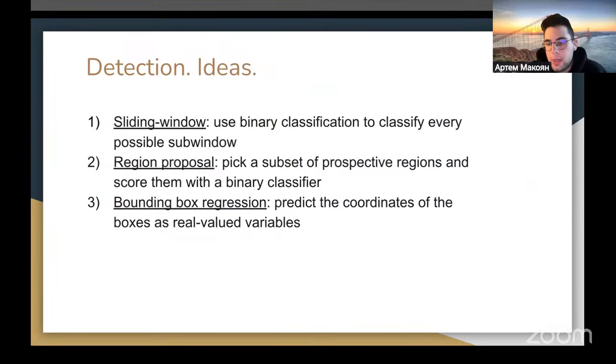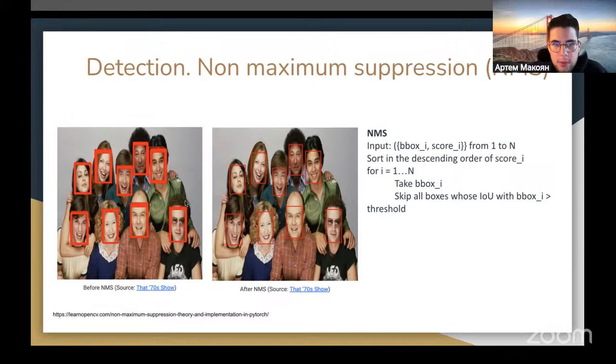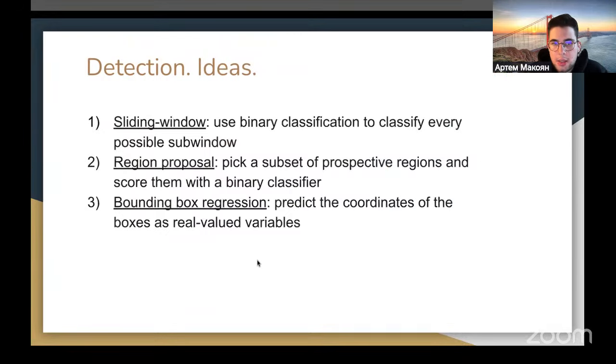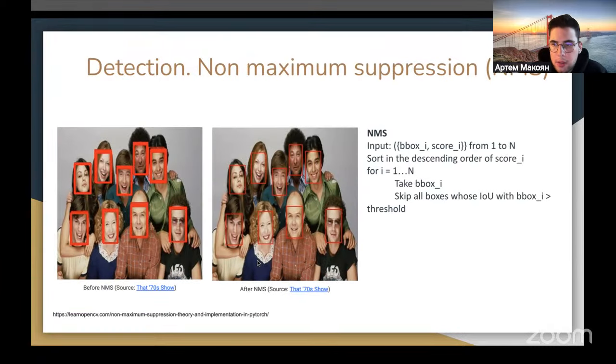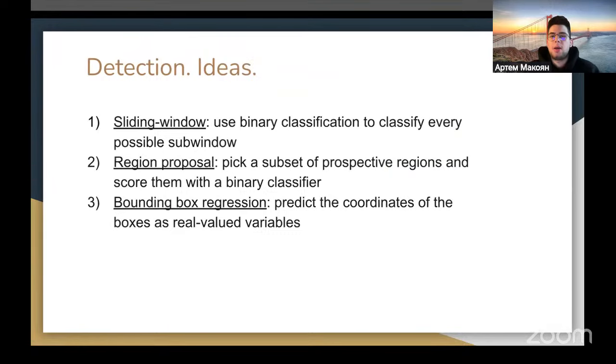And finally, we have metrics. We have non-maximum suppression to get a good answer, so let's talk about ideas of how we will obtain these bounding boxes. There are different ideas, but the first and simplest is to divide our problem into two parts. The first part is to generate bounding box proposals.